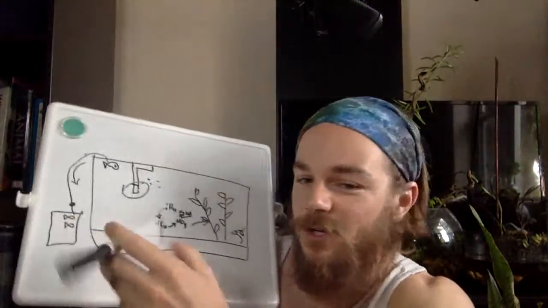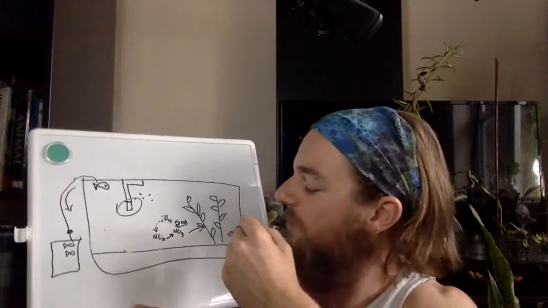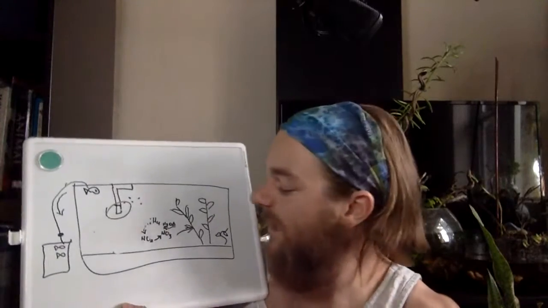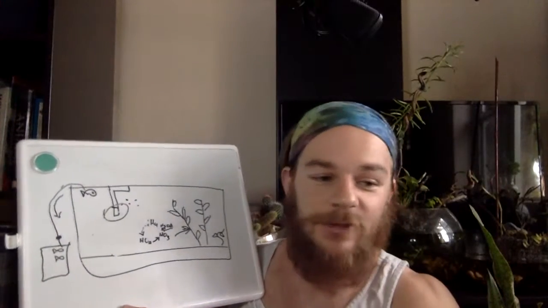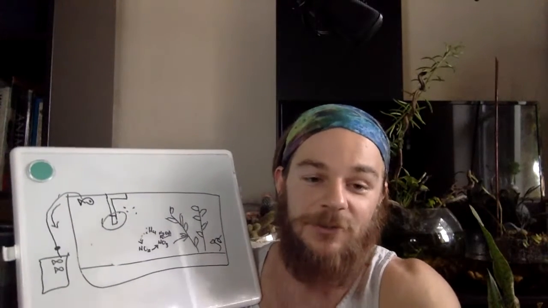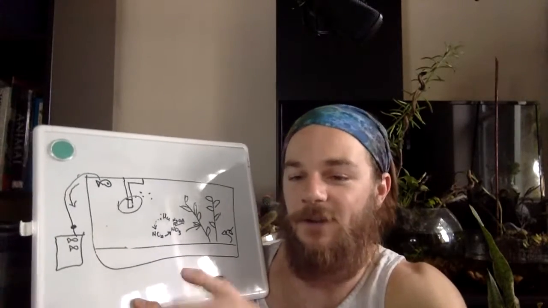All right. And then the last thing we're going to talk about is how to get rid of any dead or ugly looking plants. So the first one obviously are these guys. You can just pull the plant out if the whole thing's dead, or if it's just a floating leaf, you can use a net. But if you have a pair of scissors, any type of scissors will work, but they do have special aquascaping scissors that are angled, which help get into places a little bit easier without making a mess of your tank.